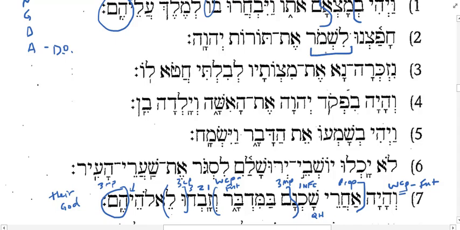It's complementary. We delighted to keep, or we were pleased to keep et Torot Adonai, the commandments, or the laws of Yahweh. Okay? So this is not purpose. It's not we were pleased for the purpose of doing something. It's just that we were pleased to do something. Okay?